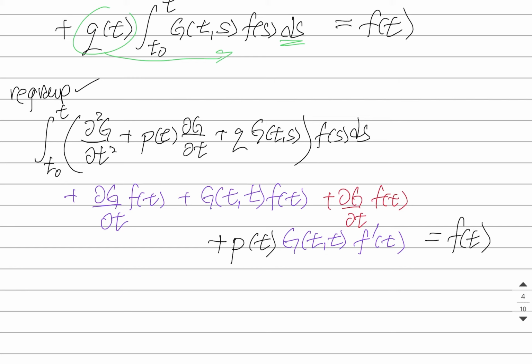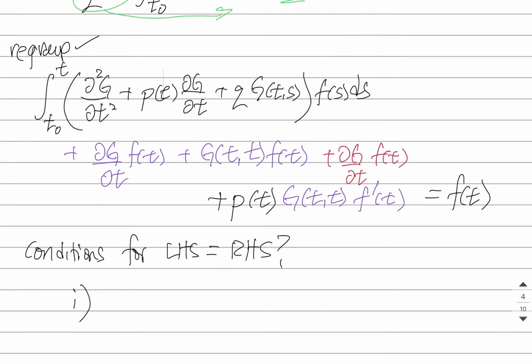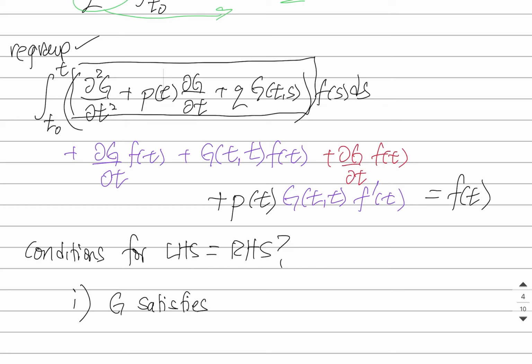What conditions do I need in order for the left-hand side of this thing to match the right-hand side of this thing? I'm going to make sure that this quantity here in the square bracket, I'm going to have that g satisfies the homogeneous differential equation in the t variable.